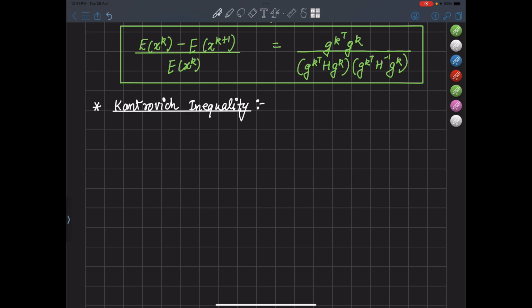So it is Kantorovich inequality. I'll just formally define it and then explain it to you.